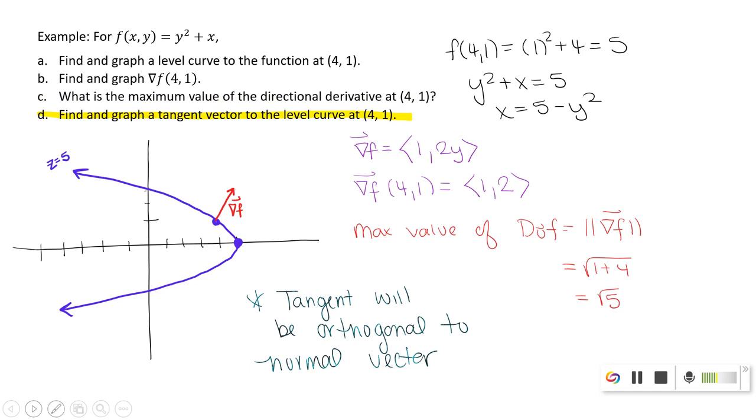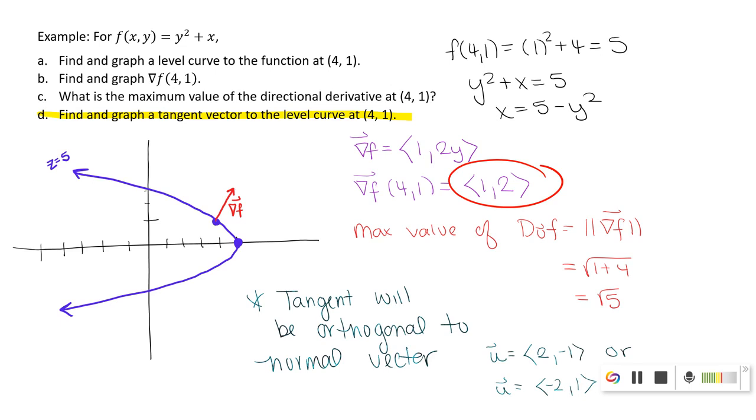Finally, part B says find and graph a tangent vector to this level curve. So our tangent vector is going to be orthogonal to our normal vector, and the gradient is always normal to the level curve. Since my gradient is (1, 2), a vector that is orthogonal, or perpendicular, to the vector (1, 2) would have components that are flipped, and one of them has to be the opposite sign.